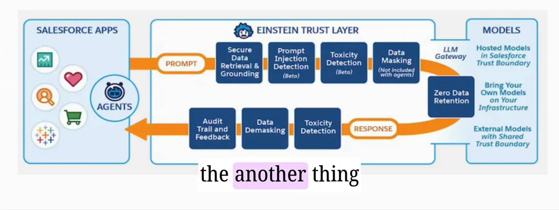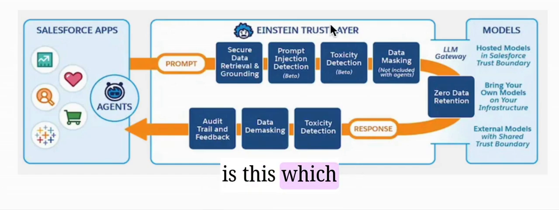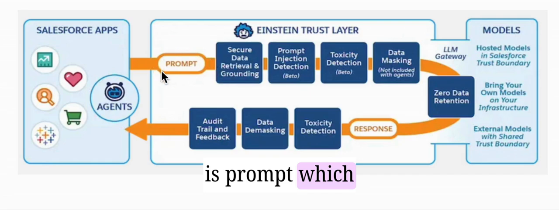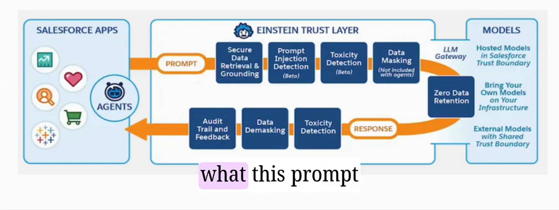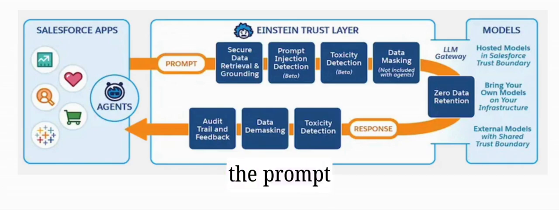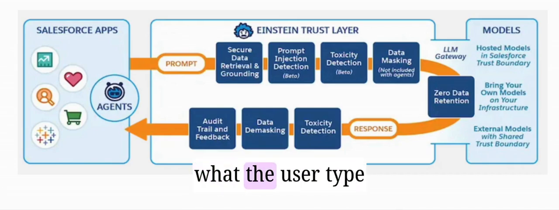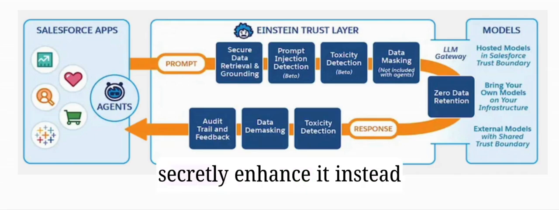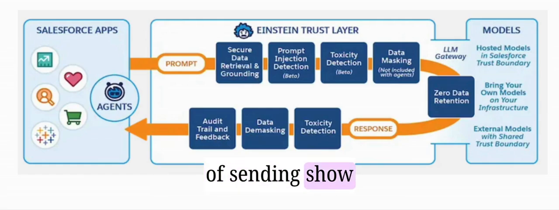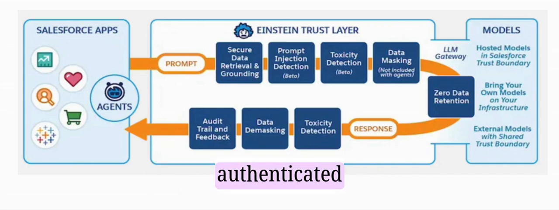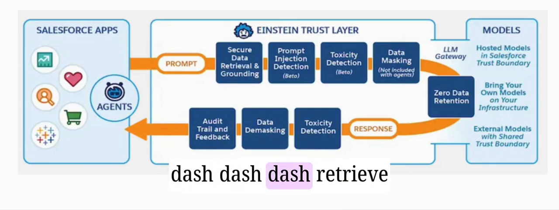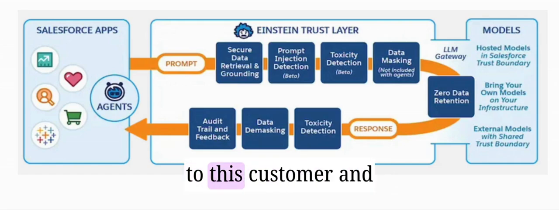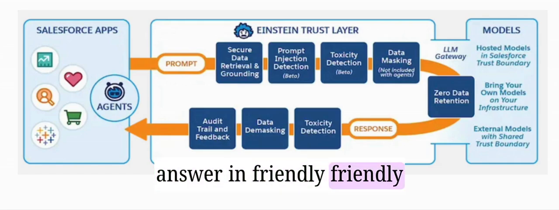Now, another thing is the prompt, which is shown over here. So what is this prompt doing? The prompt is not always just what the user types. For example, the user types show me my open cases. Salesforce secretly enhances it. Instead of sending show me my open cases, Salesforce prepares something like: the authenticated customer is John, customer ID is this, retrieve only cases belonging to this customer, and answer in friendly language.